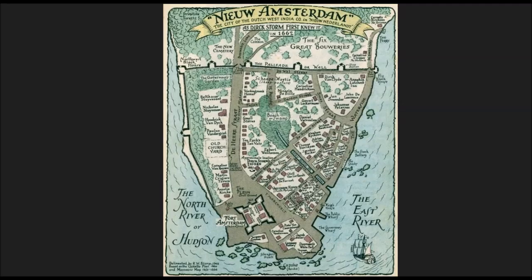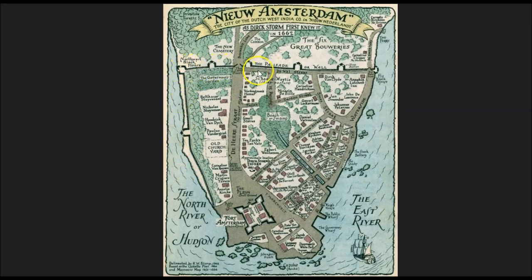Here we have a Dutch map from 1662. And we've got the Star Fort here. And it looks like this is fortified on the Hudson River side.